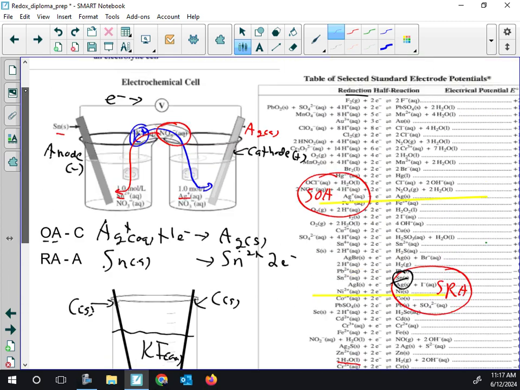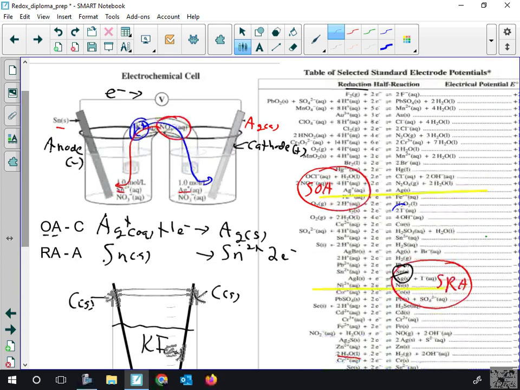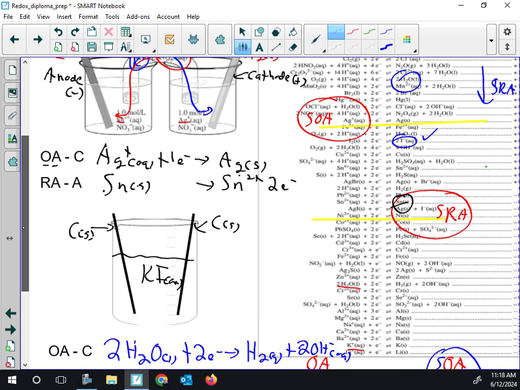So on our table, you've got iodide there, and you've got water above it. Now, as we go up, we get stronger oxidizing agents, but as we go down, we get stronger reducing agents. So the iodide is better than water.